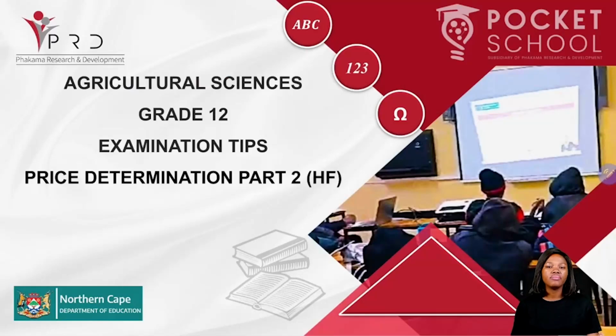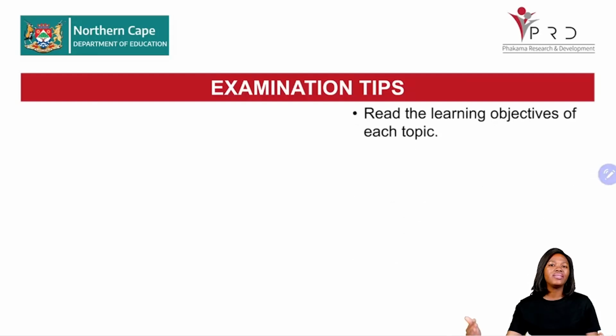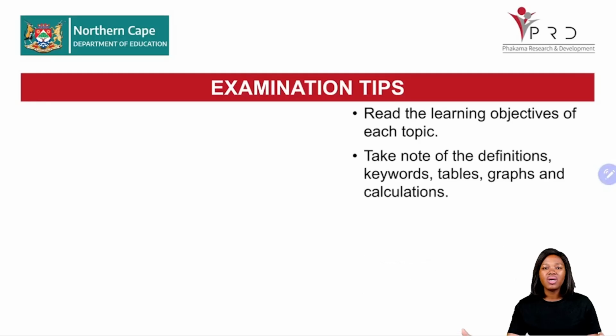Now, we are still on the revision, obviously. It's very important to study. We always tell you that you need to study, you need to use different methods of study. But when it comes to price determination, I always encourage learners to understand, firstly, the learning objectives, as I've already indicated, have the keywords, know the definitions, the tables, know the graphs, because that is what you will be interpreting for the final examination.